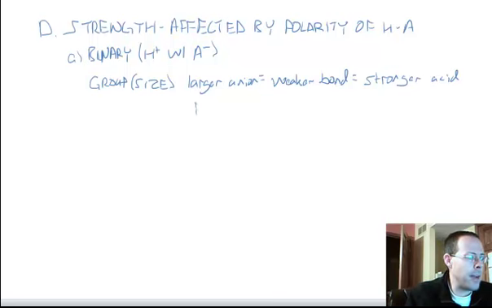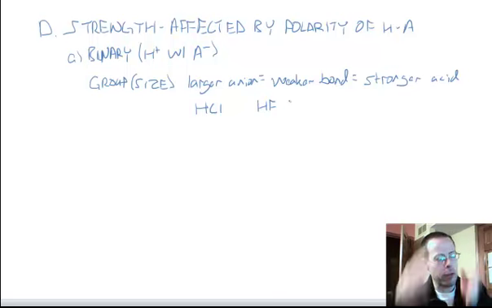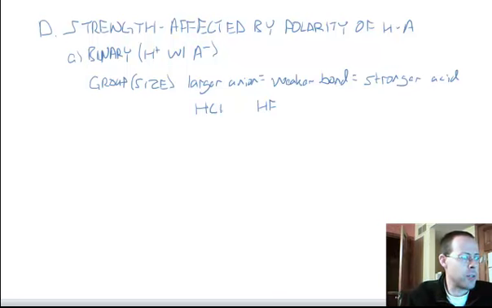So if we compare HCl to HF, all right, F is in our second period, but within a group, it's in our 17th group, and F is above Cl. So which one of these is larger? Cl is larger. So because it's a larger anion, it's a weaker bond, it's a stronger acid.